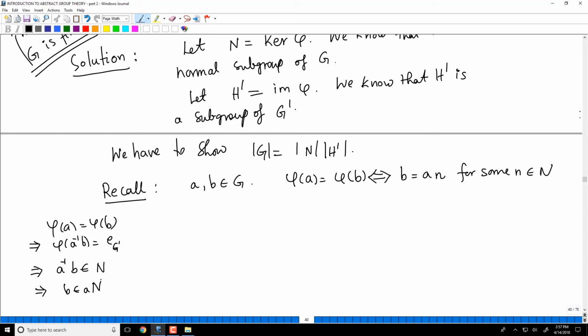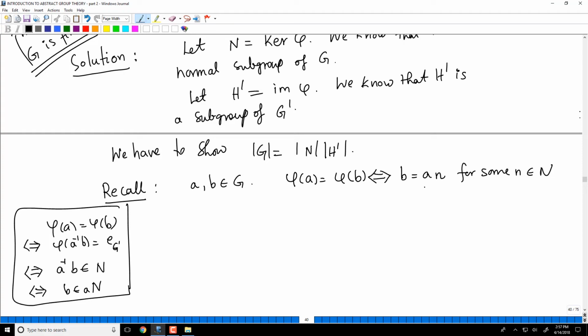And note that if A inverse B is in N, by definition phi of A inverse B is e of G prime. And if phi of A inverse B is e of G prime, then phi of A must be equal to phi of B. So these implications go backward also.